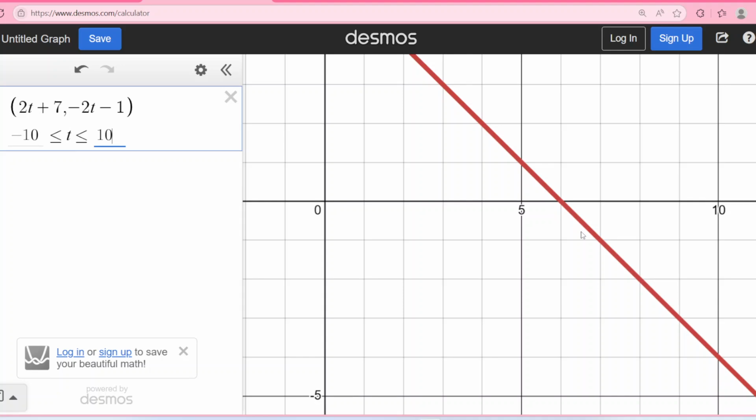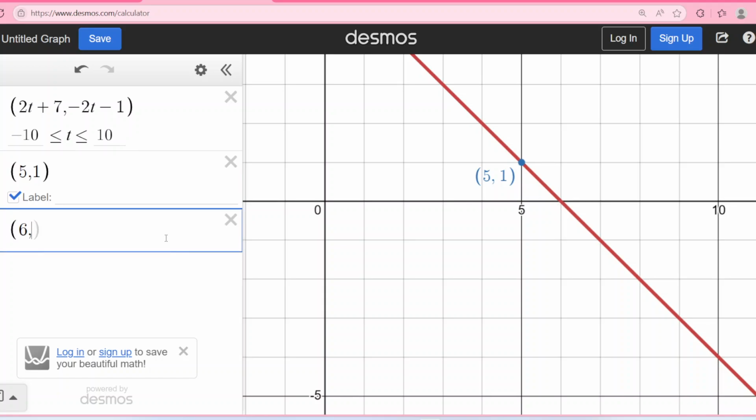So it has a derivative of negative 1. We can very clearly see some points here. I'm seeing the point (5, 1) up there. You can see that's definitely on the curve, and the x-intercept is the point (6, 0), which is clearly on the curve. So even from just those 2 points, you can see that the slope is down 1, right 1, a slope of negative 1 the whole time. Derivative is negative 1.